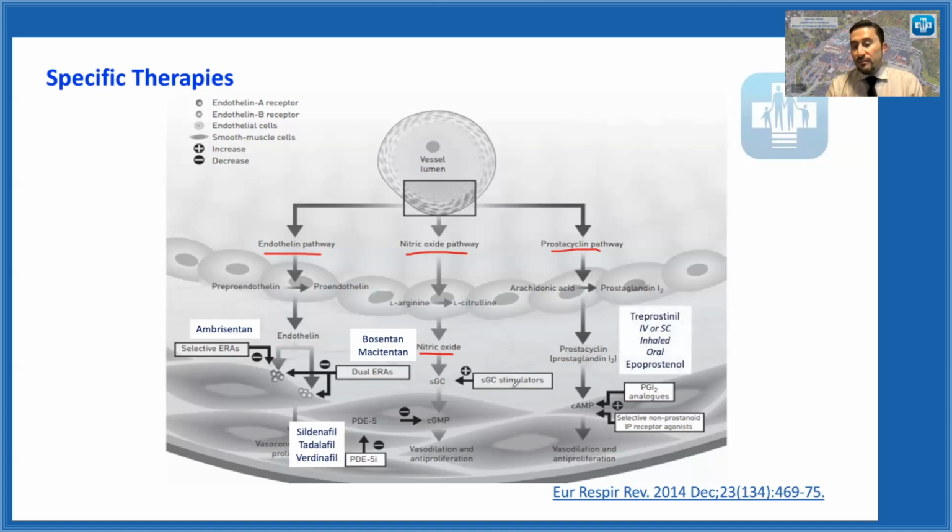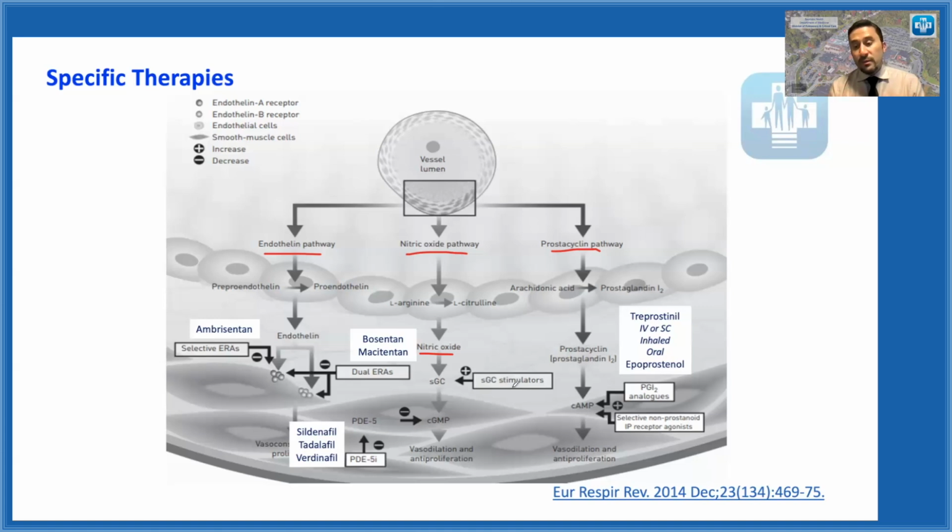Prostacyclins, we have a lot of them. Treprostinil is commonly and widely used, and it is fortunate to have treprostinil in a lot of formulations. We can actually give it IV or subcutaneously. It can be given as a nebulized inhaled therapy. We also have a dried powder formulation of it that can become convenient for PAH patients.